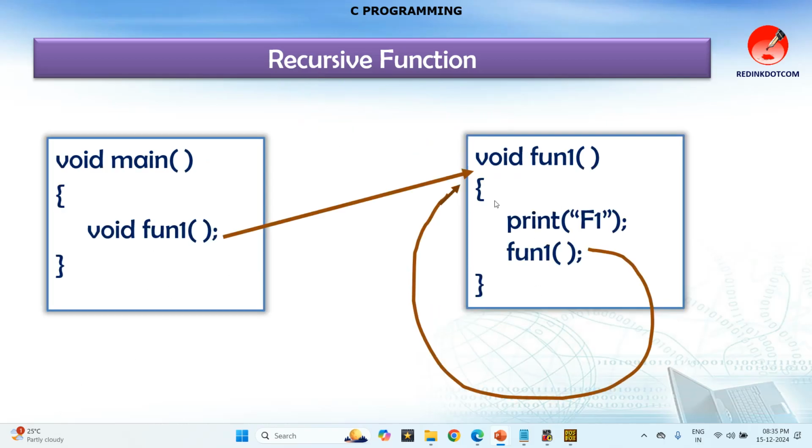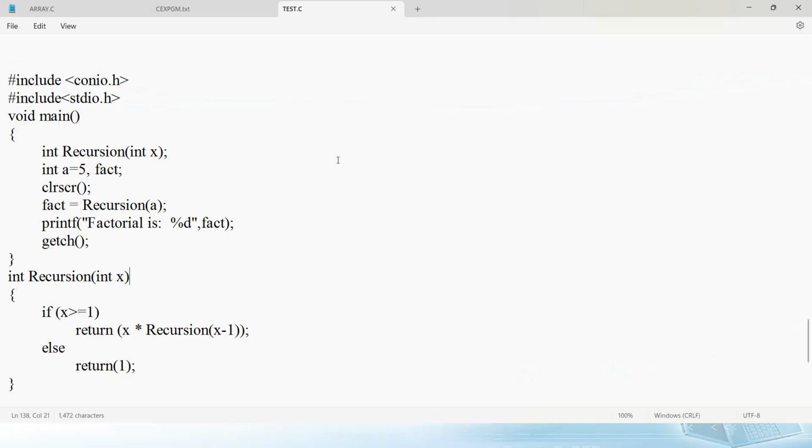Otherwise, it is executed an infinite number of times. The best example for a recursive function is finding the factorial value. So in this function definition, I check whether the value is greater than 1 or not. If it is greater, I call the function again with the x minus 1 value. This function is repeated up to n number of times and produces the factorial result here.